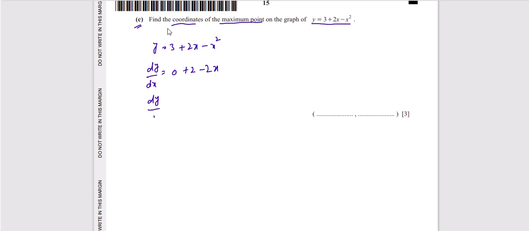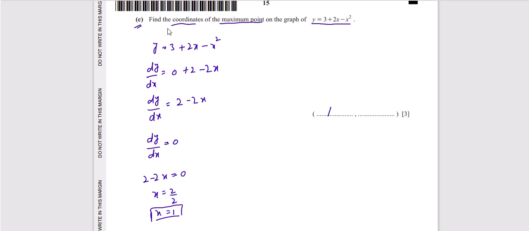For maximum point, put the derivative equal to 0. So 2 minus 2x is equal to 0. To find the value of x, x is equal to 2 divided by 2. So x is equal to 1.